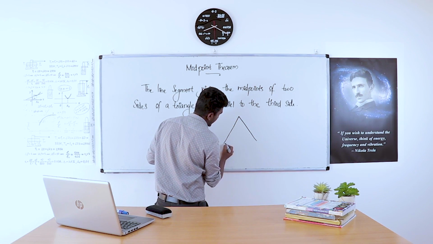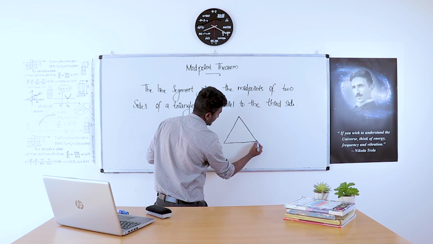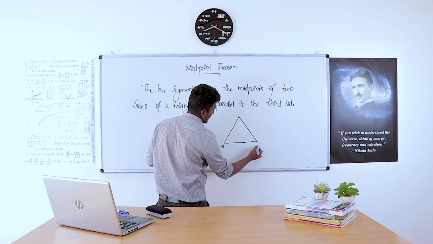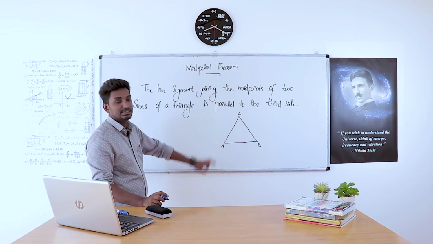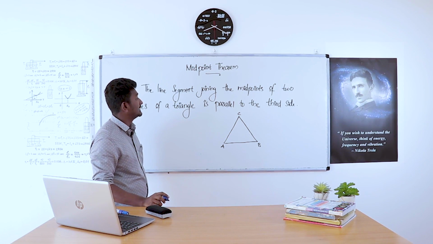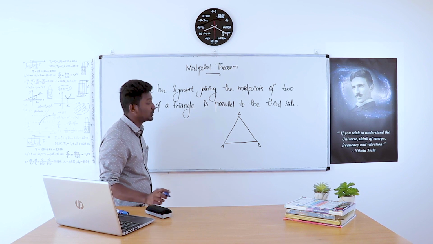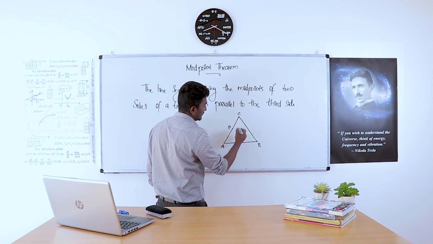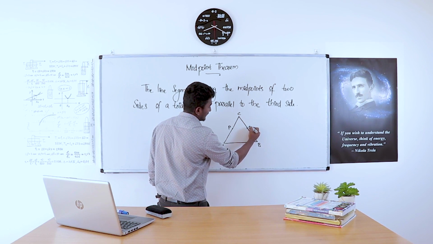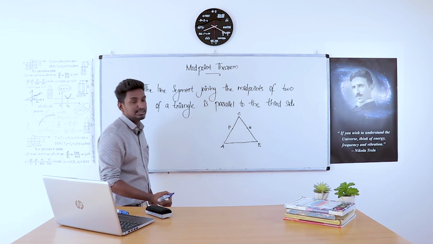and this is our triangle ABC. When we are considering this triangle, the line segment joining the midpoints of two sides, I am taking P as the midpoint of AC and Q as the midpoint of BC.